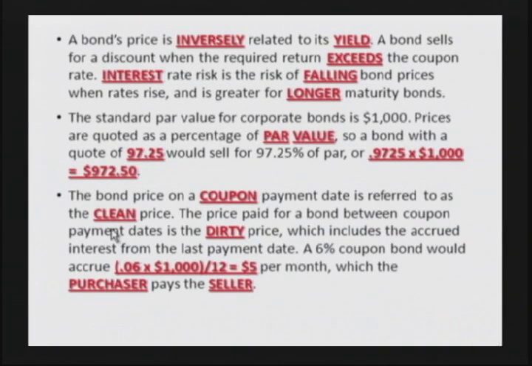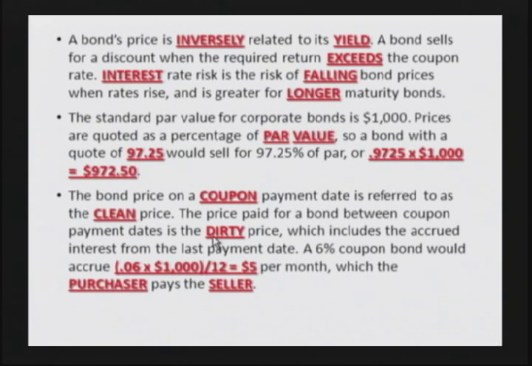The actual price you'll pay could differ a little bit from that because you might buy it between coupon payment dates and you would owe the seller some accrued interest because they're entitled to interest for the period they've owned the bond since that last coupon payment was made. So we call this price, like it's quoted, the clean price, and the dirty price includes any accrued interest.